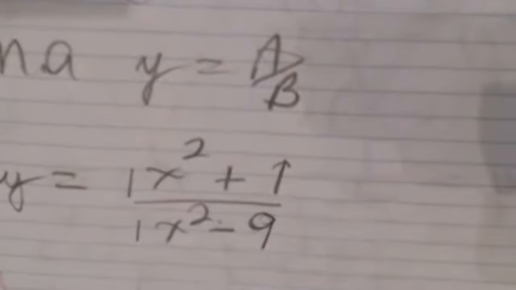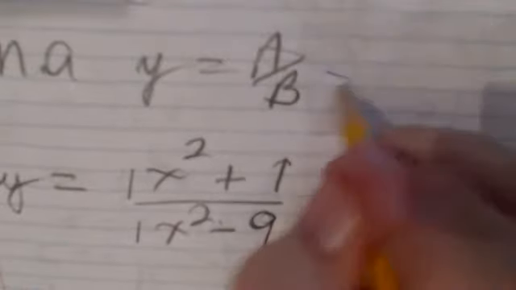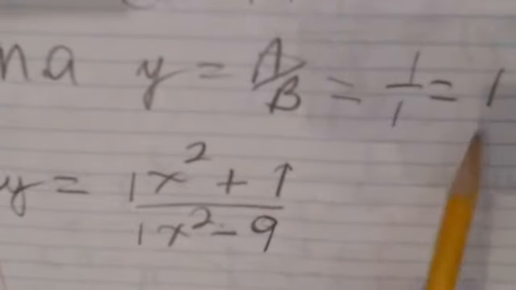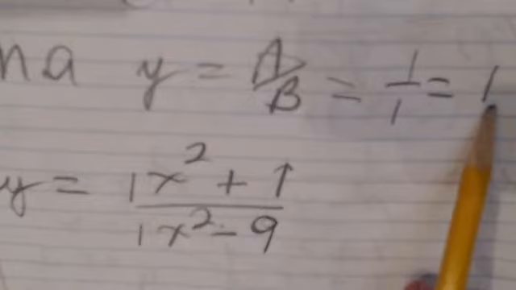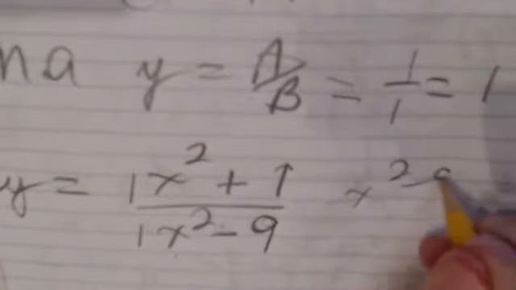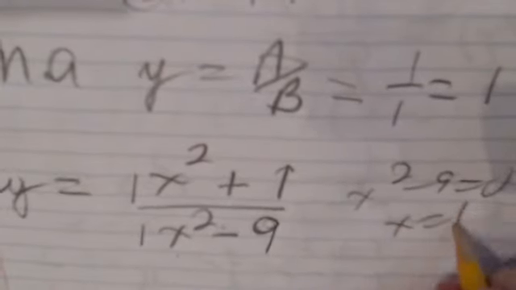It's a bad example because my a and b are both the same thing, but that's beside the point. So in this particular problem, my horizontal asymptote is going to be 1 over 1, which is 1. So that is my horizontal asymptote. Now my two vertical asymptotes are going to be easy to find. So x squared minus 9 is 0, x is plus or minus 3.